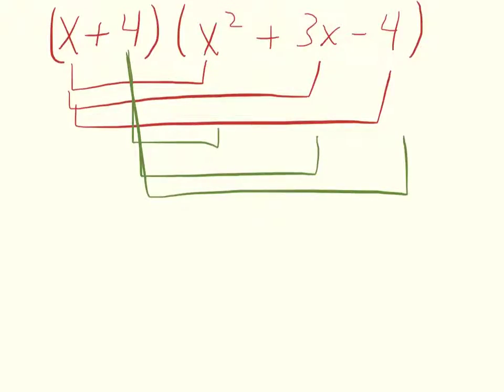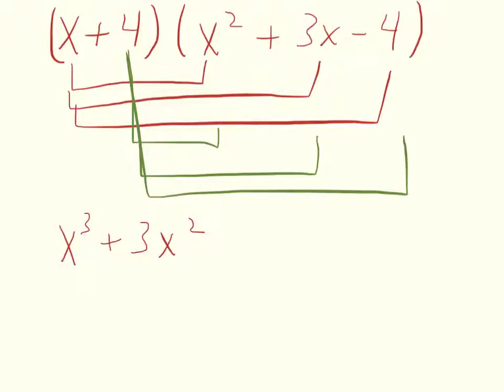Okay, so let's take a look at the red lines that I wrote up there with our first of the first polynomial by all 3 of the second polynomial. So we have x times x squared, which is x cubed. Then I multiplied x by the 3x term, which would be 3x squared.